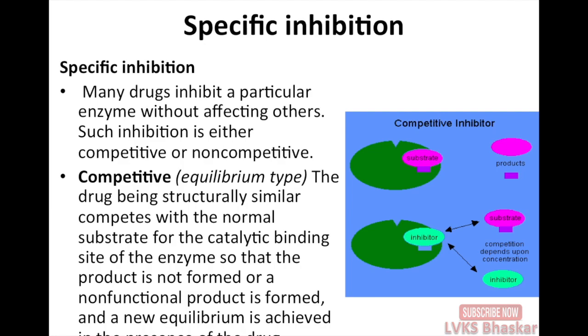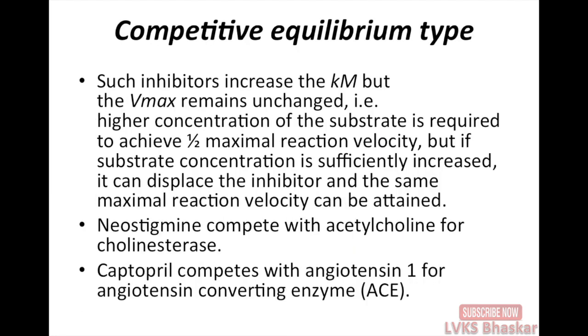A new equilibrium is achieved in the presence of the drug. Such inhibitors increase the Km value, but the Vmax remains unchanged. A higher concentration of substrate is required to achieve the maximal reaction velocity. If the substrate concentration is sufficiently increased, it can displace the inhibitor and the same maximal reaction velocity can be seen.